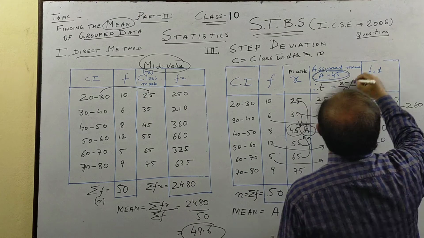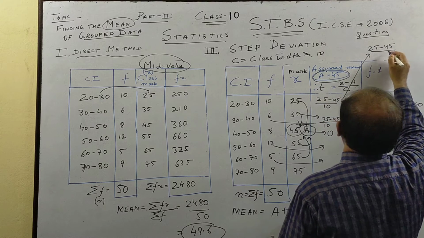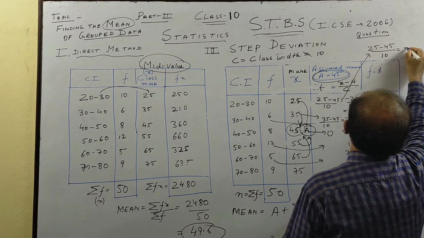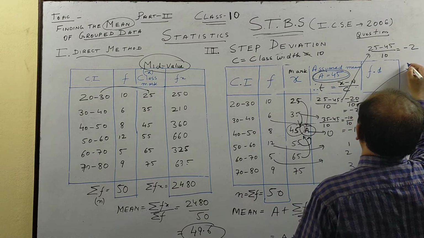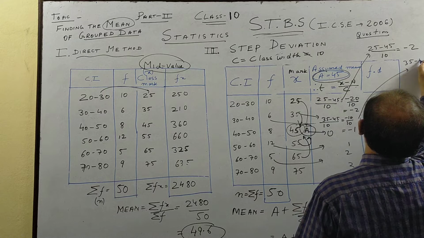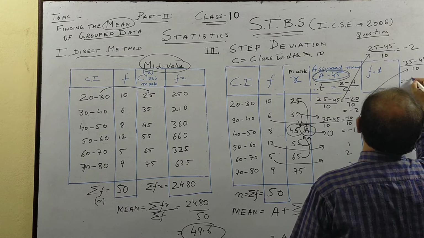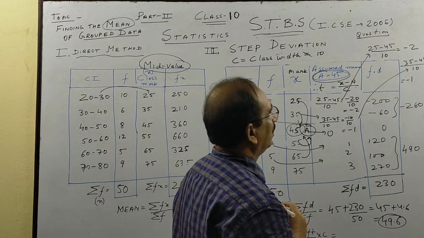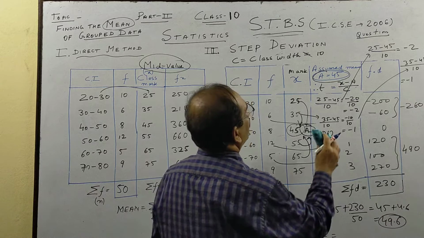I can show you by rough work: 25 minus 45 by 10 is minus 2. This one, 35 minus 45 by 10 is minus 1. Got it? So I'll make it more clear.